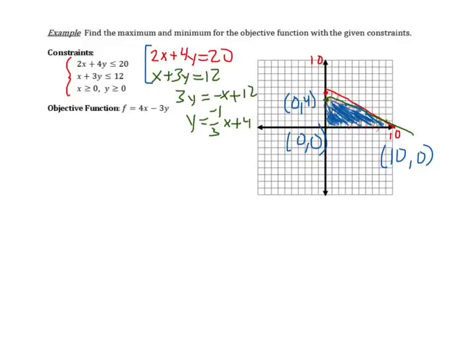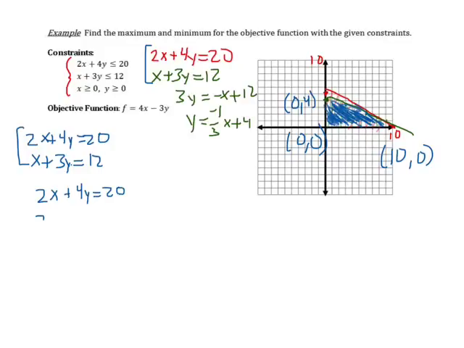So we have 2x plus 4y equals 20, and x plus 3y equals 12. Let's use elimination here. That's our system. Let's leave the first equation alone and double the second equation.